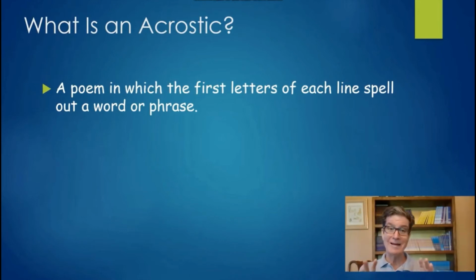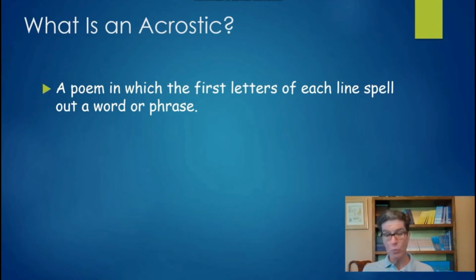So an acrostic is a form of poem that is really easy to write because it only has one single rule. And that rule is that the first letters of each line of the poem spell out a word or a phrase.